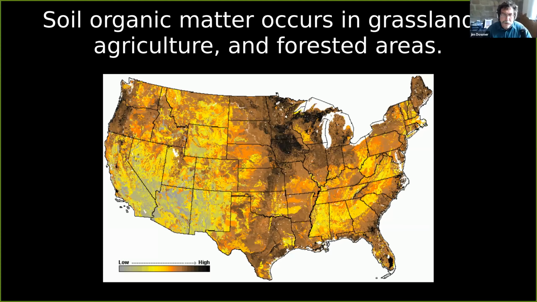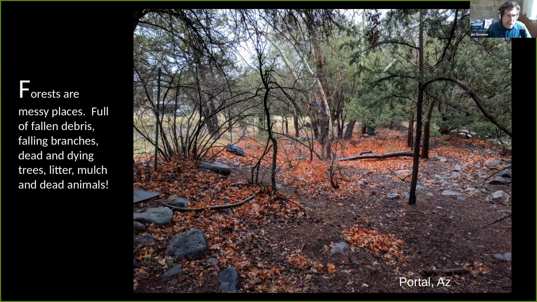There's not as much vegetative growth, so we don't have as much deposition. But forests are still messy, organic places. This is again in my backyard, full of fallen debris, leaves, branches, litter, dead animals, mulches. This is what a forest looks like when nobody's picking anything up.